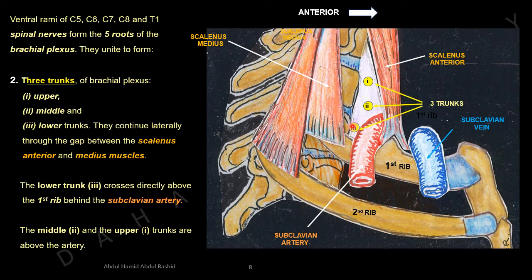The lower trunk is the one that crosses directly above the first rib behind the subclavian artery. We have already shown this in the superior view of the first rib relation. The middle and the upper trunk are above the artery in the same gap.